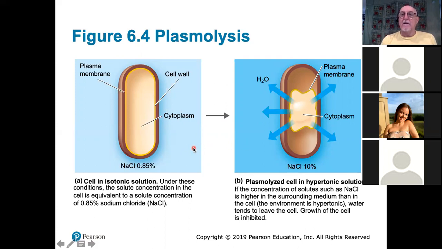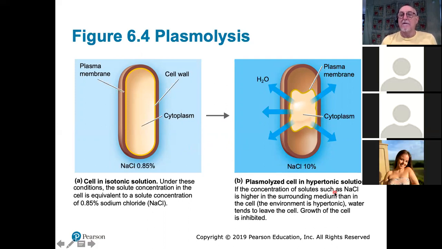Go ahead. Wait, so what causes osmosis? I'll explain it again. Okay, osmosis is the diffusion of water. Osmosis is the diffusion of water molecules down the concentration gradient. So now you need to think, what is a concentration gradient of water?